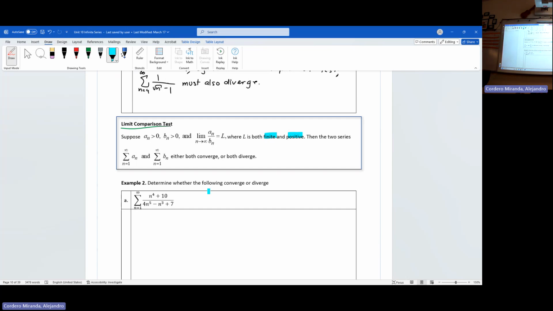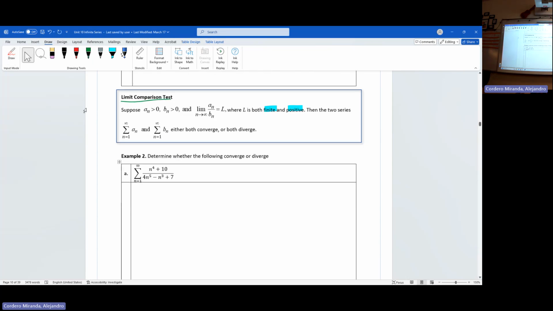Is this other one a diverging one? I believe so. Okay, but this one is less obvious. I think it's less obvious what you should compare this one to. But let me check what your heart tells you.